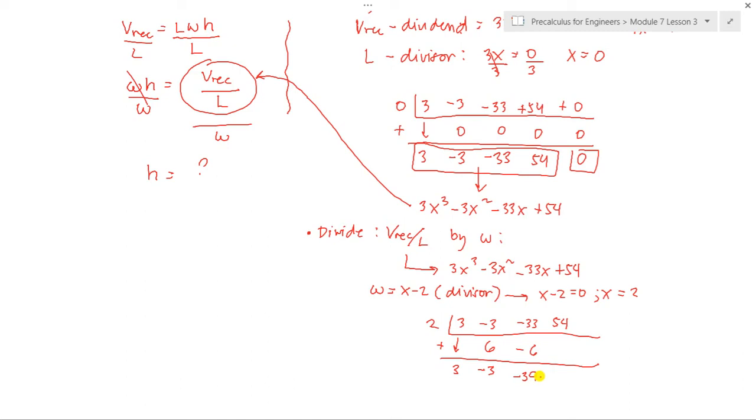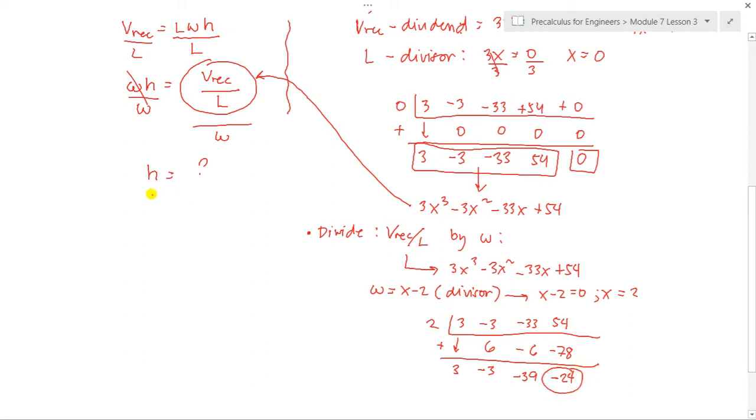Negative 39 times 2 is negative 78. Then add 54 minus 78, the answer is negative 24. So we have a remainder here.